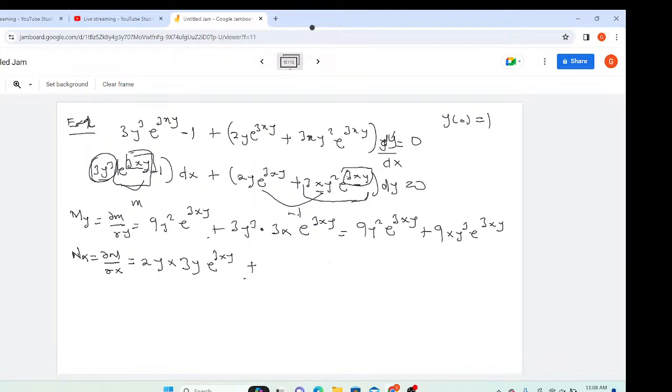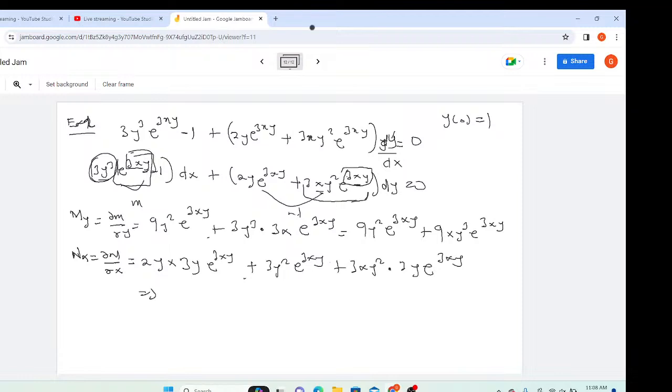Differentiating this part alone, I get 3y squared e to the 3xy. I multiply it with that, plus, keeping this one constant, 3xy squared multiplied by, when I differentiate what's here, 3y e to the 3xy.